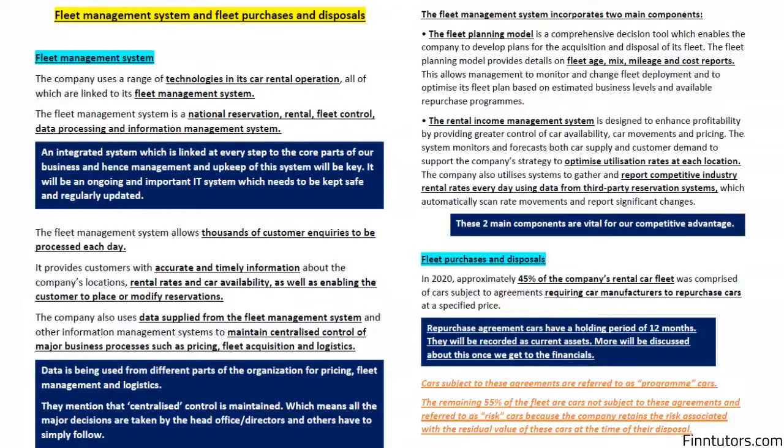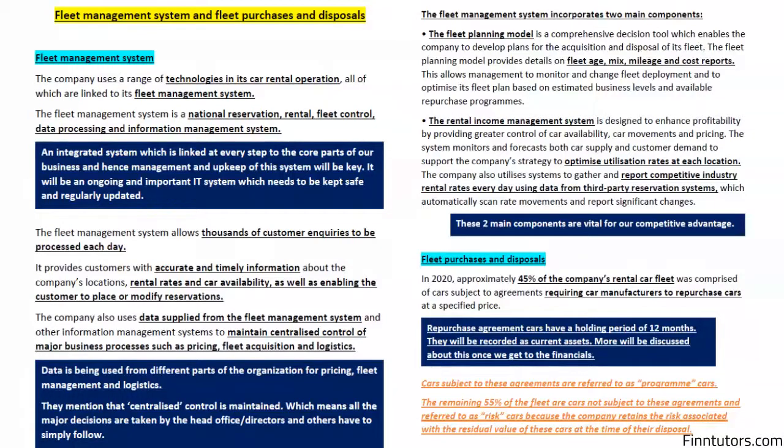The company also uses data supplied from the fleet management system and other information management systems to maintain centralized control of major business processes such as pricing, fleet acquisition, and logistics. For example, a customer comes to your website and checks the price. Thousands of customers similarly come to your website and your app and check the price.